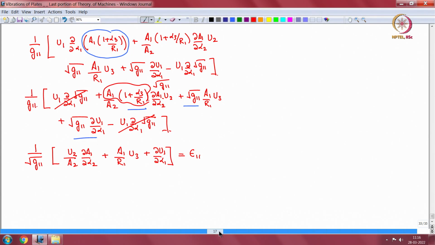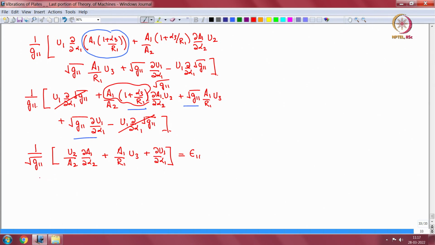Now we need to make another assumption over here. Before that, let me just write down. I will not derive for every epsilon. Okay, so this is epsilon 1 1.